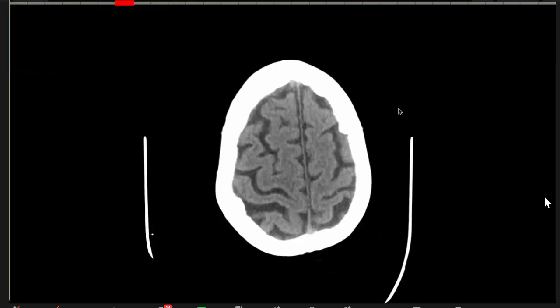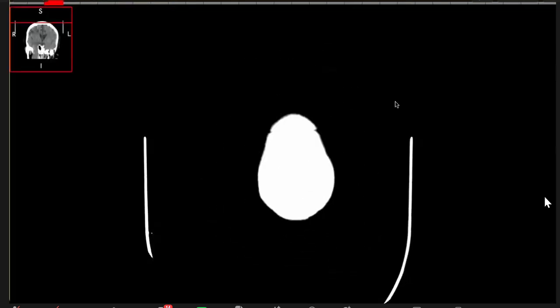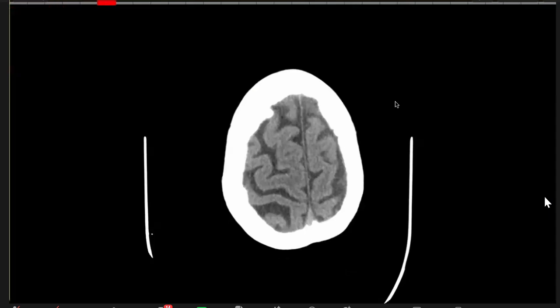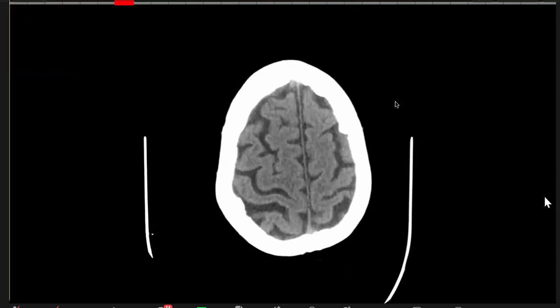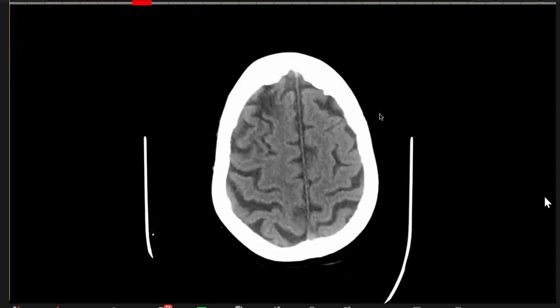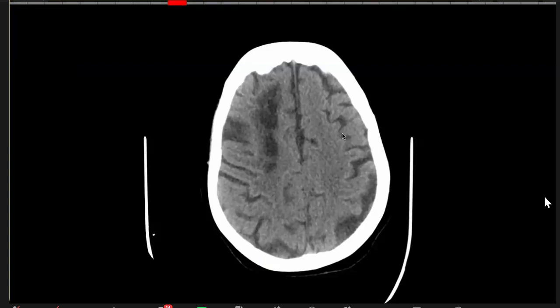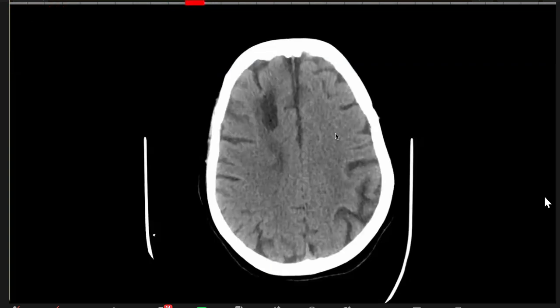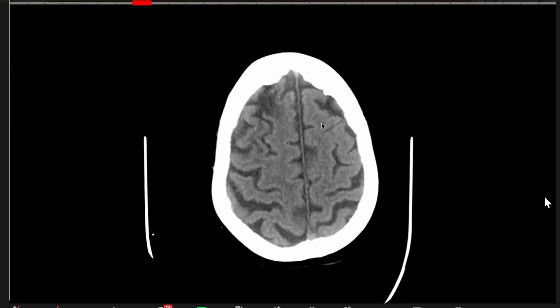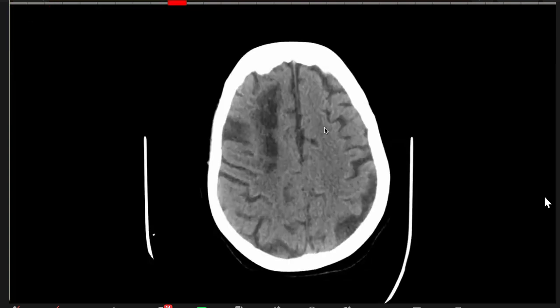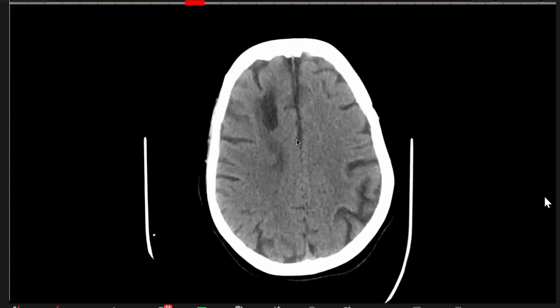Okay, these are non-enhanced CT head axial sections of a 70-year-old patient who came from overseas with history of previous stroke. I'm scrolling from top to bottom. I can appreciate that there is an old infarct involving the right frontal region, frontoparietal region at the top.